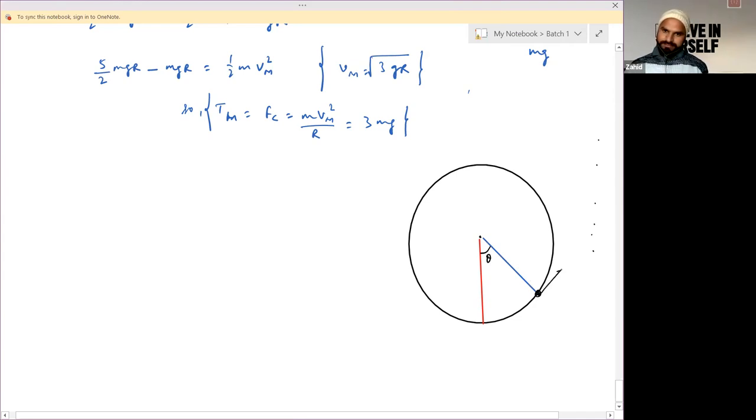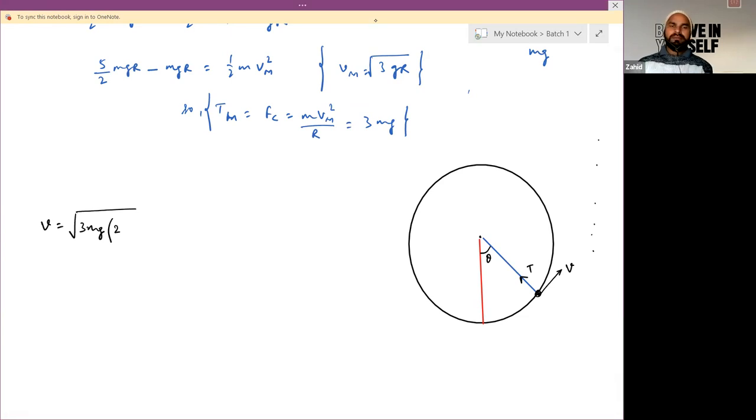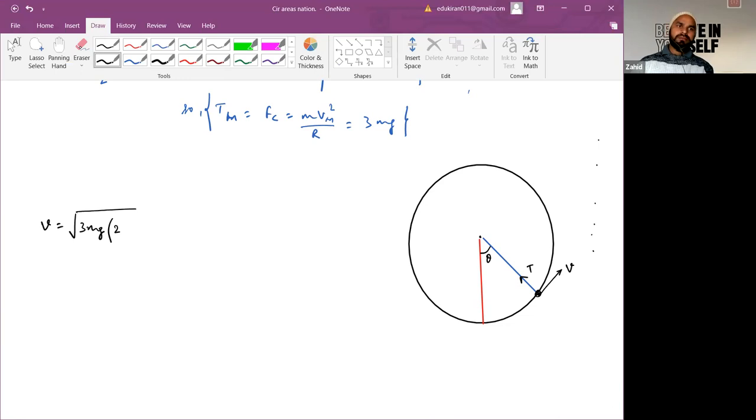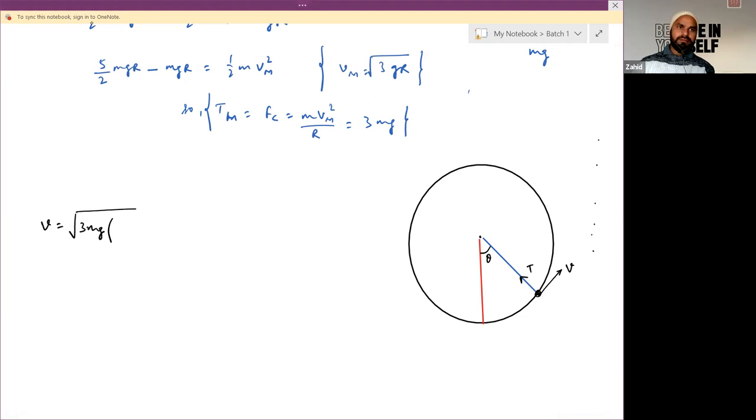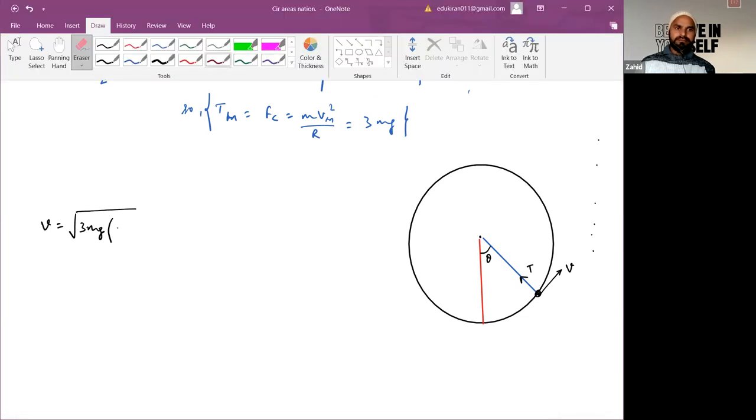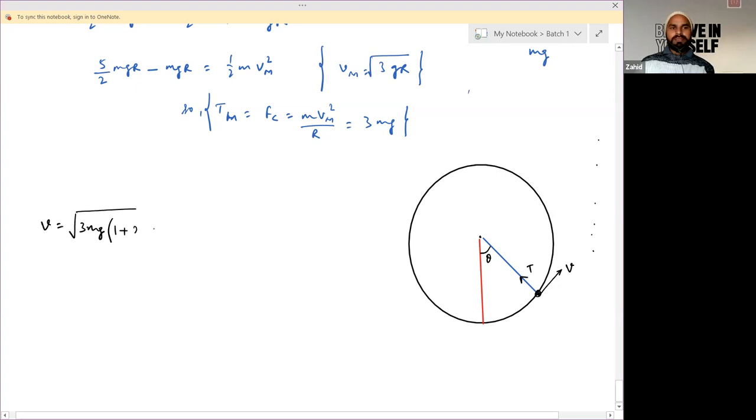So this body will have some velocity v and some tension T. So velocity at this instant will be root under 3 m g (1 plus 2 times cos theta).